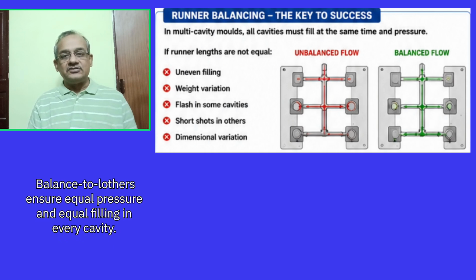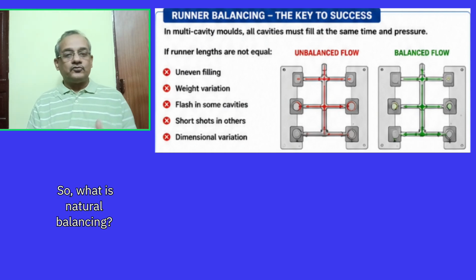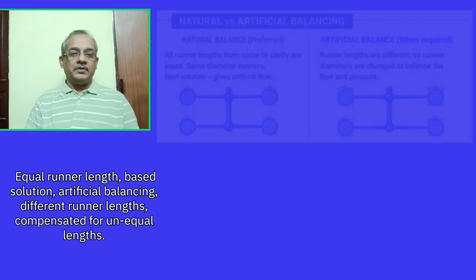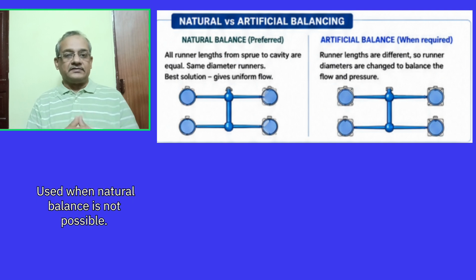Balanced runners ensure equal pressure and equal filling in every cavity. Natural versus artificial balancing. So what is natural balancing? Equal runner length, the best solution. Artificial balancing: different runner cross-sections compensate for unequal lengths, used when natural balance is not possible.